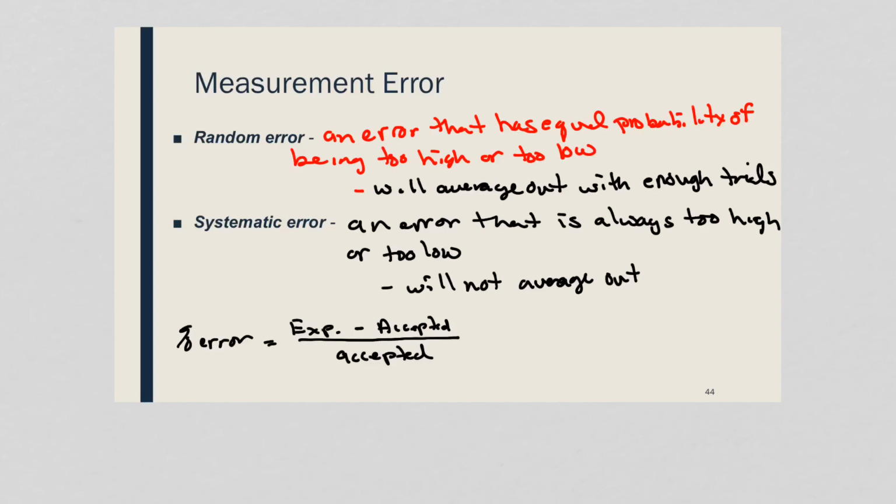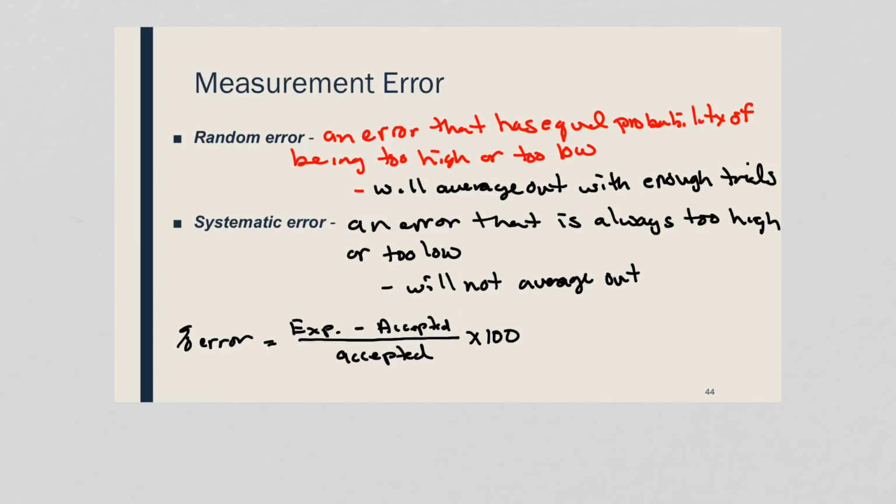So it's the experimental minus the accepted, divided by the accepted, times 100. And this error is meant to give you an idea of the accuracy, right? So how far in terms of percent are you off from the true value?